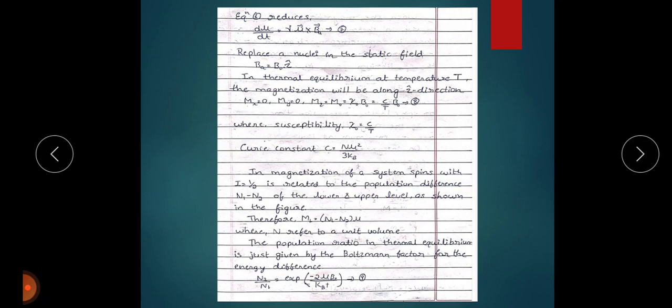Next, the population ratio in thermal equilibrium is just given by the Boltzmann factor for the energy difference.